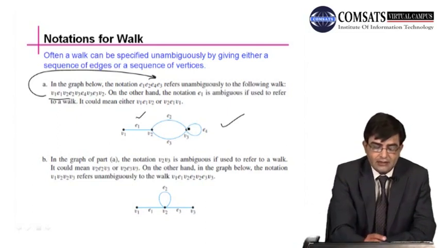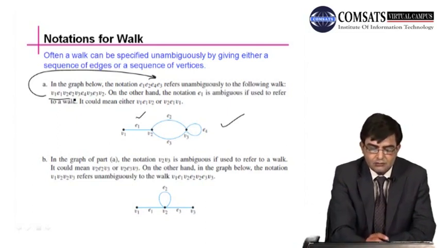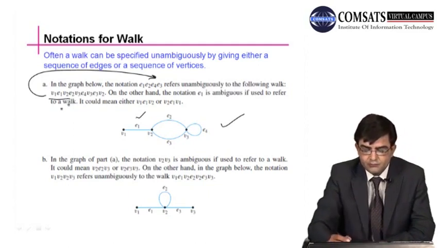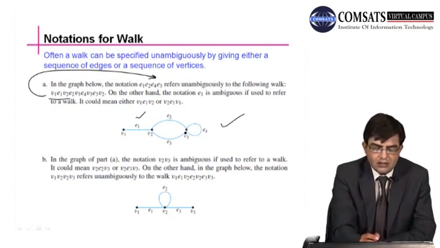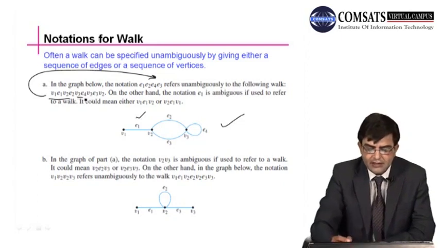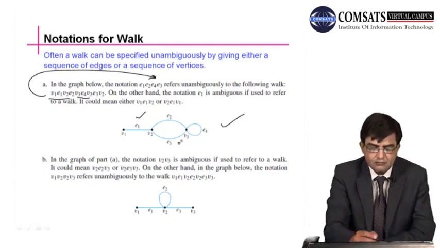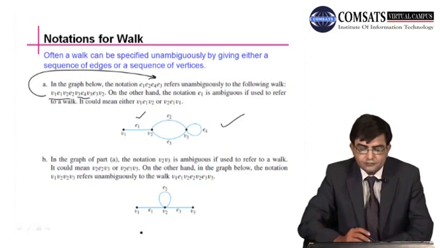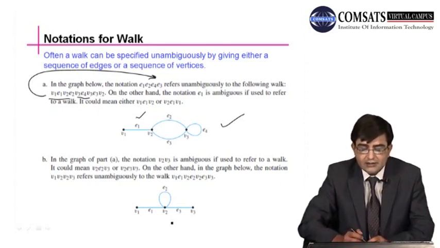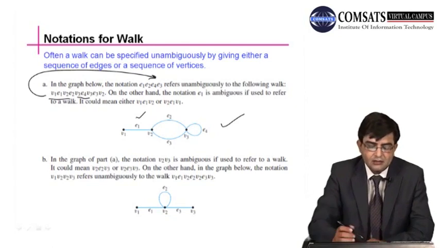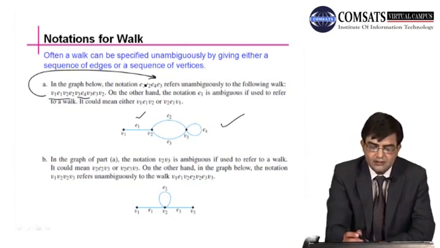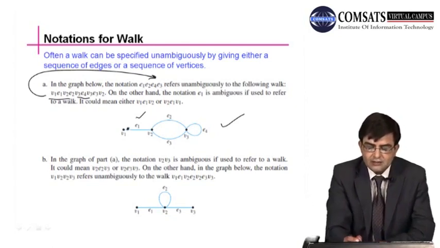So here he has written v2, e2, v3, and then v3, e4, v3, and then v3, e3, v2. So this is basically a walk, and this walk can also be written as e1, e2, e4, e3.